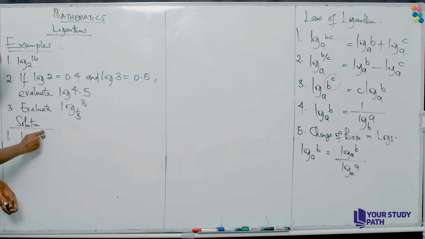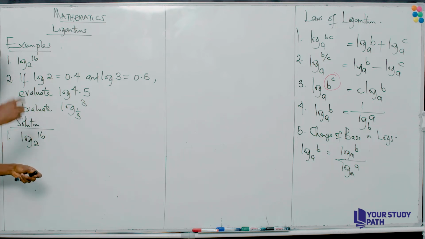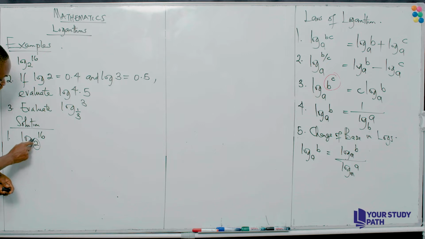If you can write 16 as 2 raised to the power of something, then you get yourself in the right direction. The reason why we are writing 16 as 2 raised to the power of something and not, let's say, 4 raised to the power of something is because the base of operation for the logarithm is 2. So our goal is to express this 16 in terms of this base of operation, which is also 2. So I will express 16 as 2 raised to the power of something.